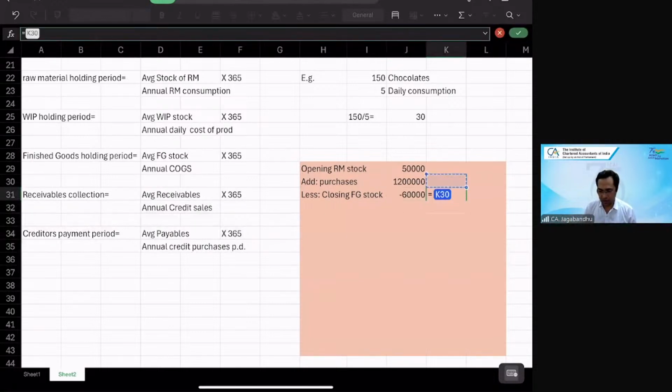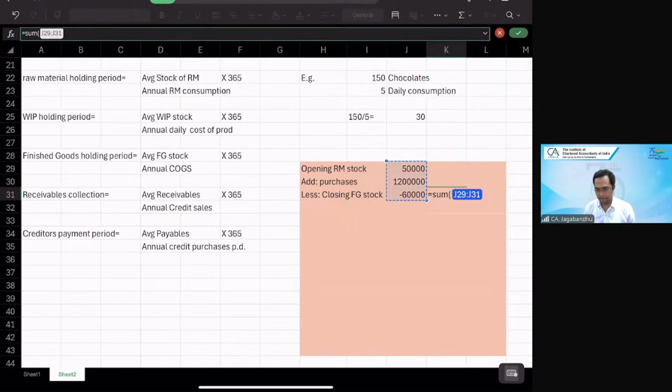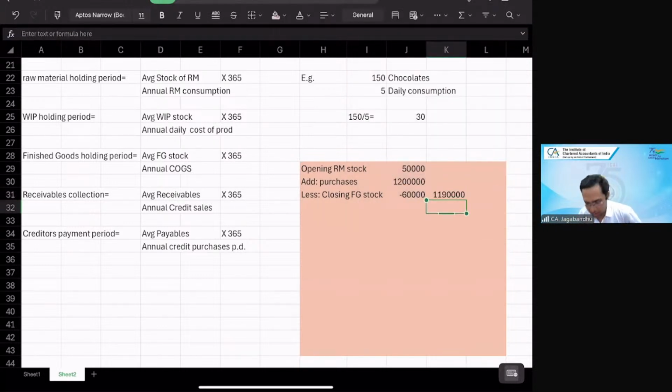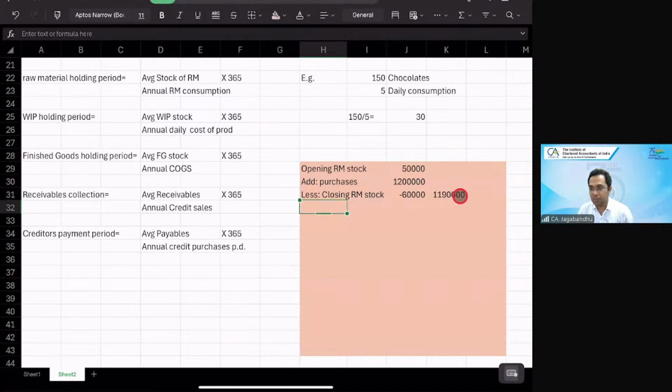So we get opening raw material stock, add purchases, less closing raw material stock. So what do we call this number? Sorry, my bad, closing raw material stock. This number is indicating the raw material consumption.